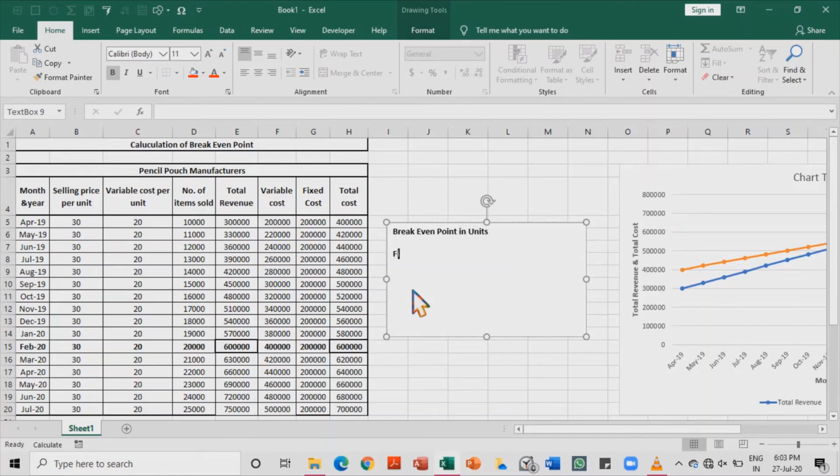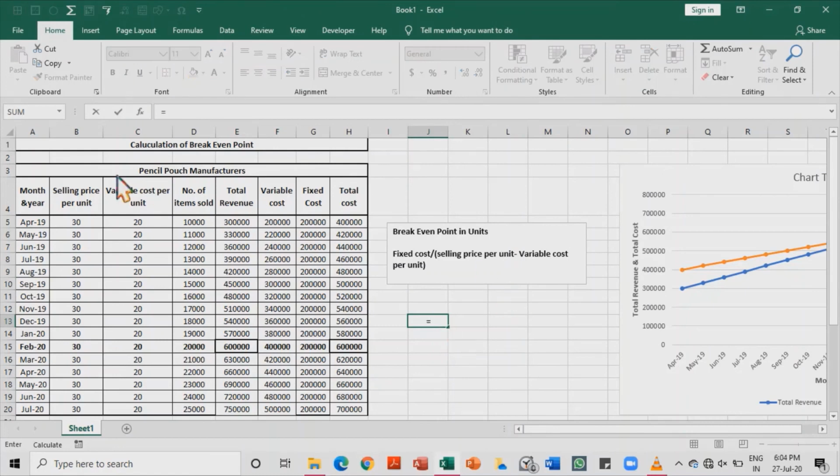The formula is fixed cost divided by selling price per unit minus variable cost per unit. Yeah, let's try it. Equal to fixed cost divided by open bracket, selling price per unit 30 minus variable cost per unit 20, close bracket, press enter.